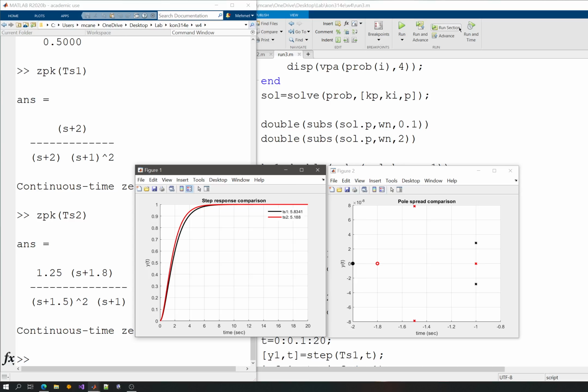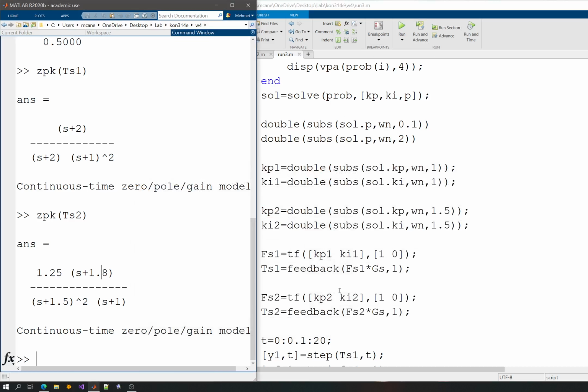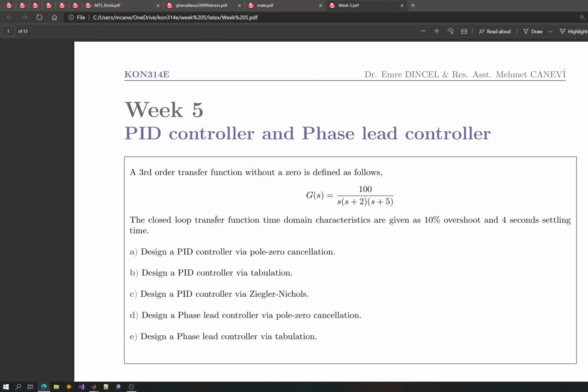Now, I will show you in a moment how I will construct this. You can see that I can design a PID controller via pole zero cancellation. I can design a controller via tabulation.